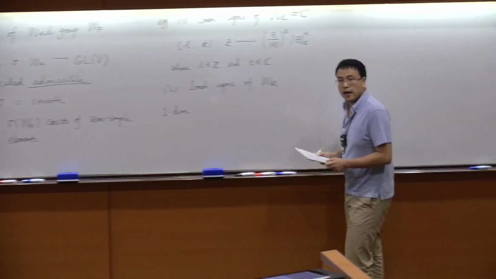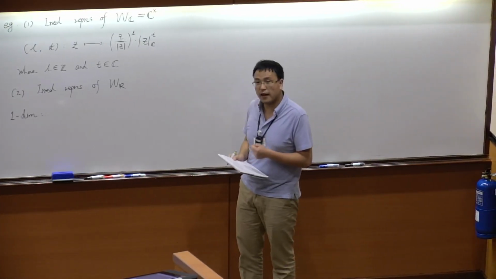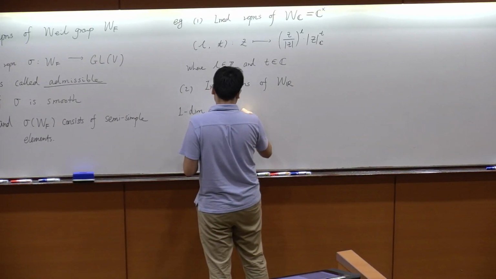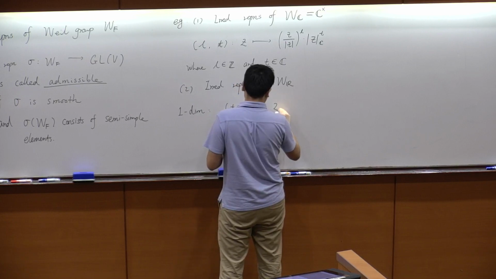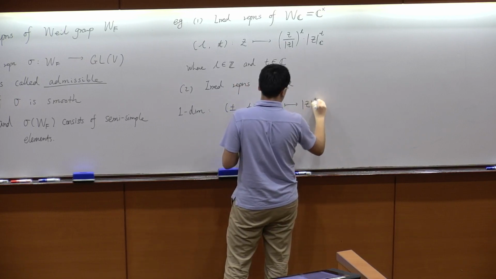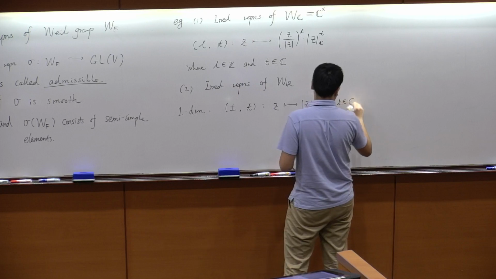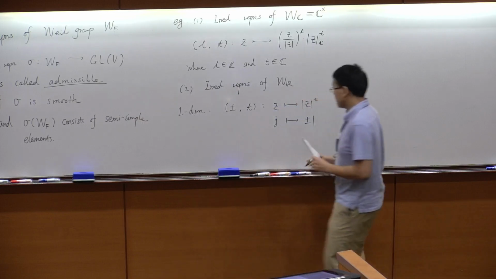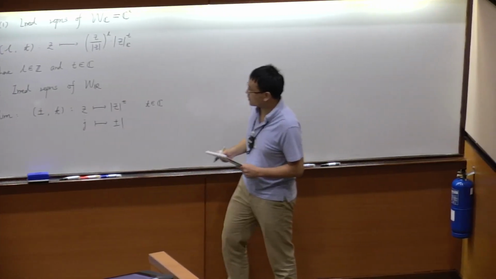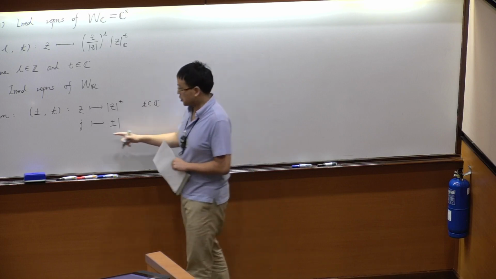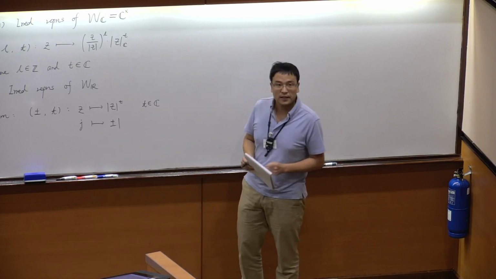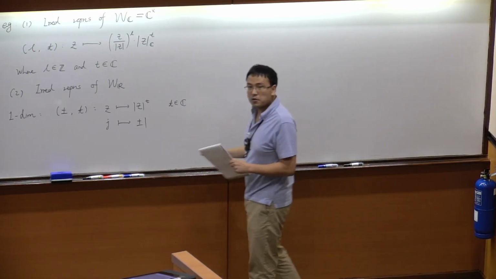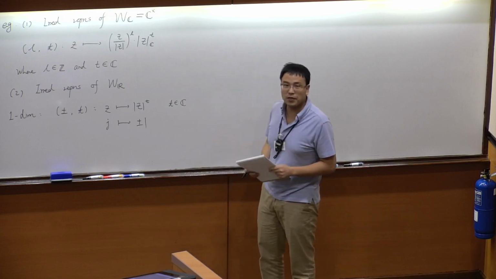And all the characters are parameterized by a sign and also a complex number. Which means for the complex part, we take the absolute value, and J is mapped to plus or minus 1. And if we apply the local Langlands correspondence, in this case, J corresponds to the sign, the quadratic character for the real numbers.